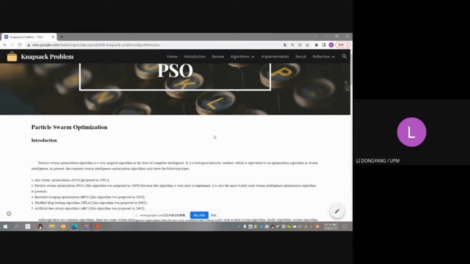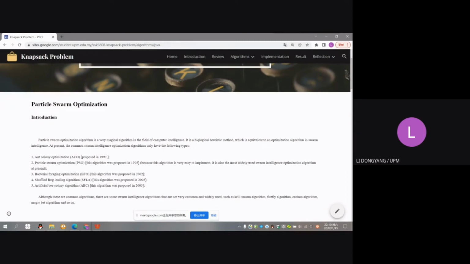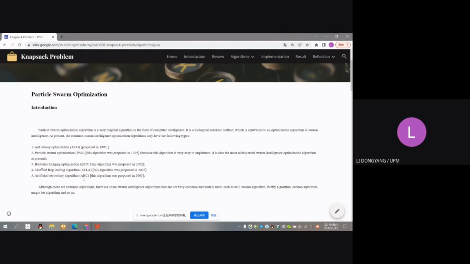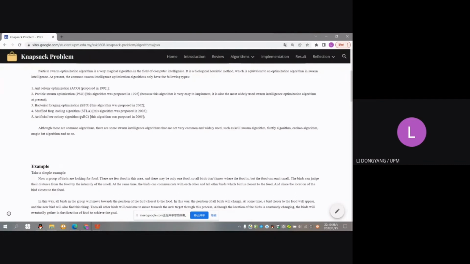At present, there are many similar algorithms like ant colony optimization, particle swarm optimization, bacterial foraging optimization, shuffled frog leaping optimization, and artificial bee colony optimization. Although these are common algorithms, there are some swarm intelligence algorithms that are not very common and widely used, such as the Krill Herd algorithm, Firefly algorithm, Cuckoo algorithm, and Bat algorithm, and so on.